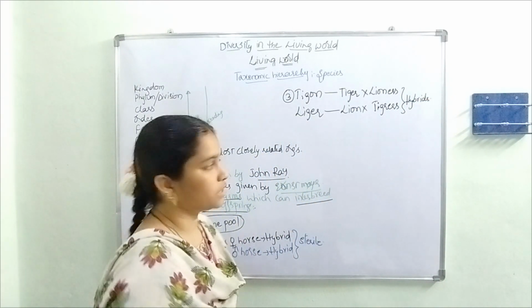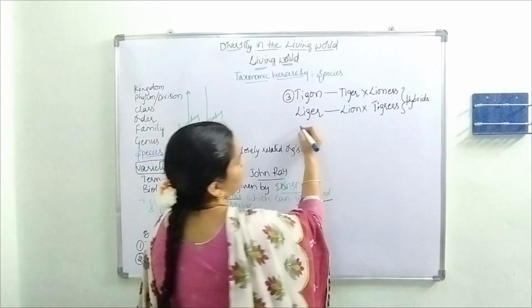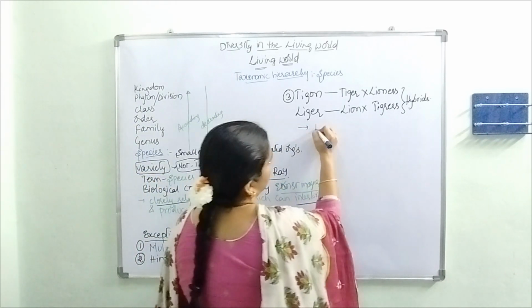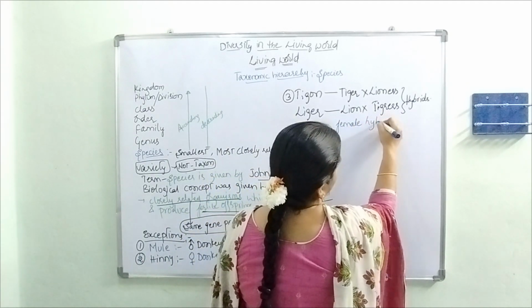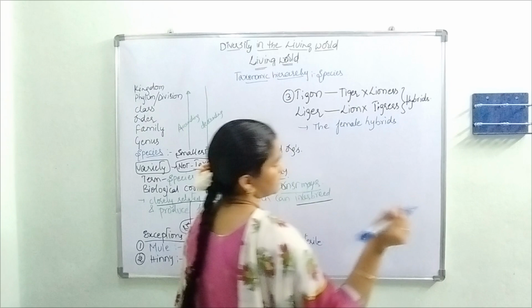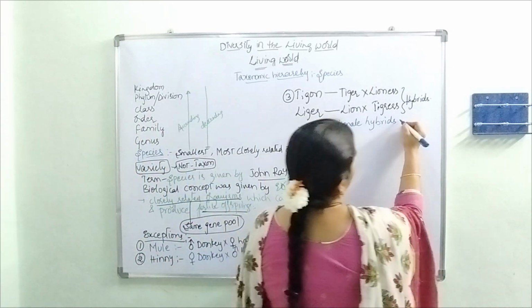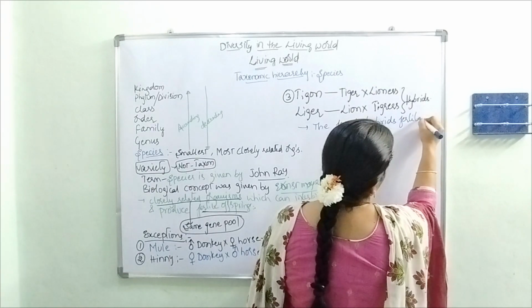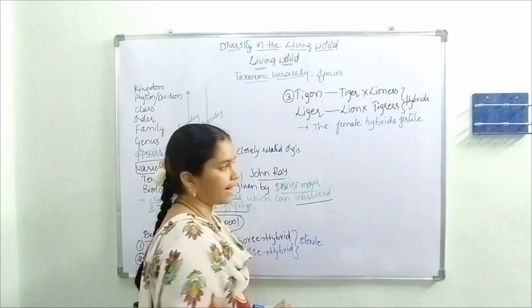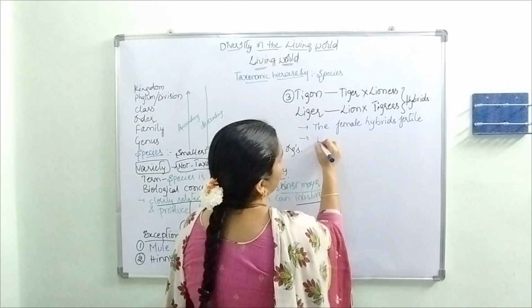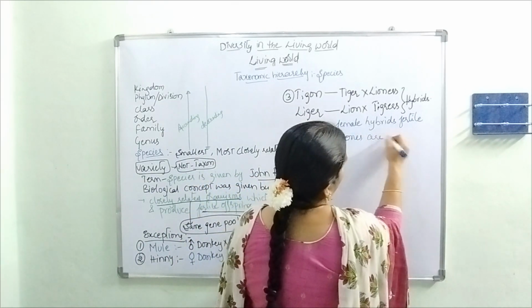There are some limitations in these crossings. The female hybrids, whether tigon or liger, are fertile, and the male ones are sterile.